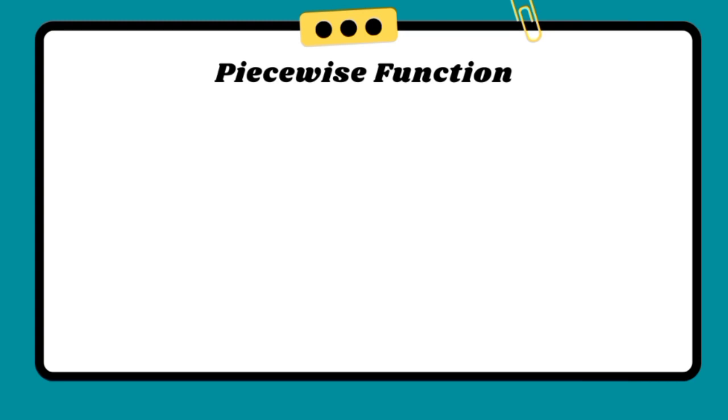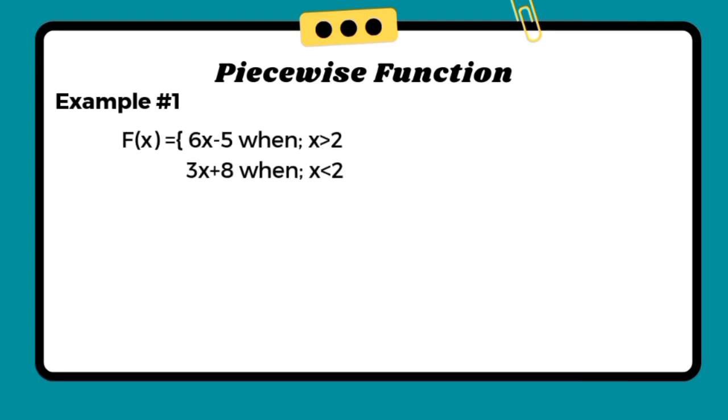A piecewise function is a function that can be broken up into many parts. Let's say we have an example here. Example number 1: f of x is equal to 6x minus 5 when x is greater than or equal to 2. And as we said earlier, a piecewise function can be broken up into many parts.